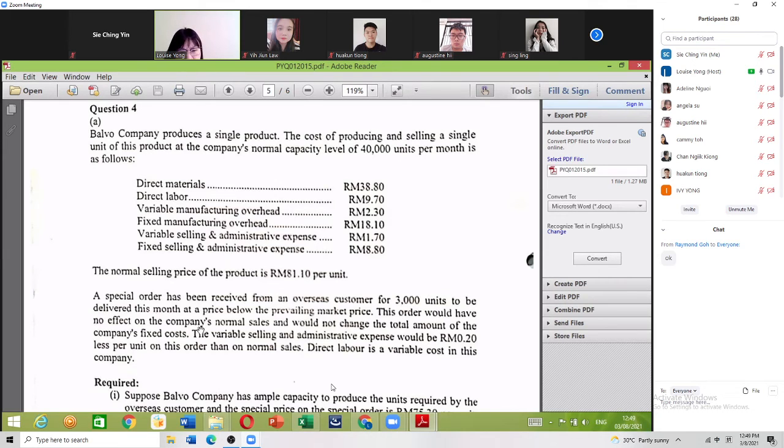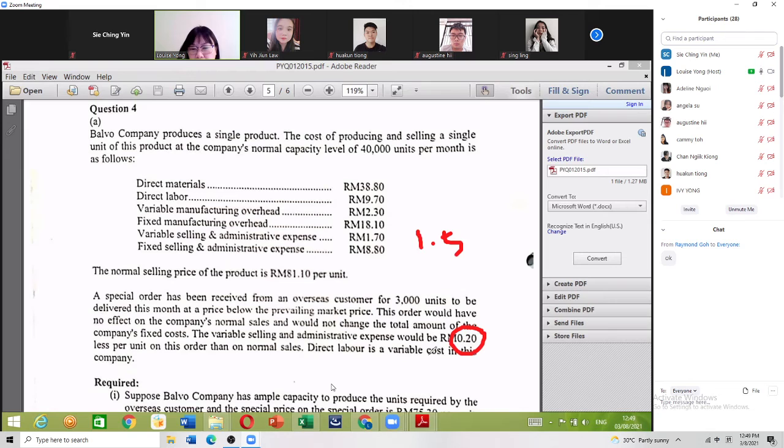This order will have no effect on the company's normal sales, which remain the same. The company's fixed cost also does not change, but the variable selling and admin will be 20 cents less per unit on this order than on normal sales. So for normal sales, your variable selling and admin is $1.70, and for the overseas order it is 20 cents cheaper, so this is $1.50. The others are the same.